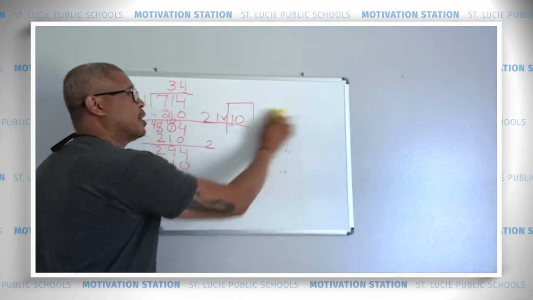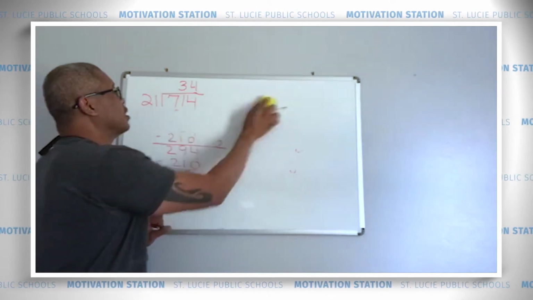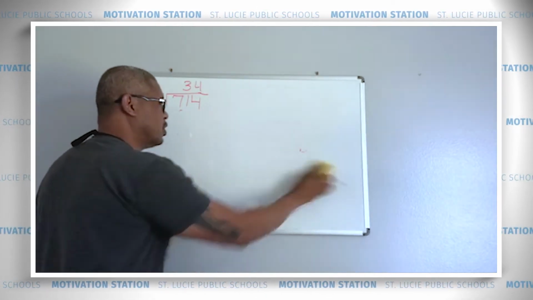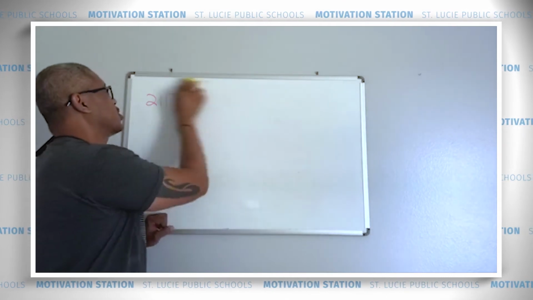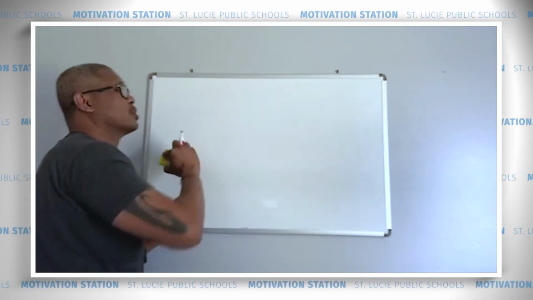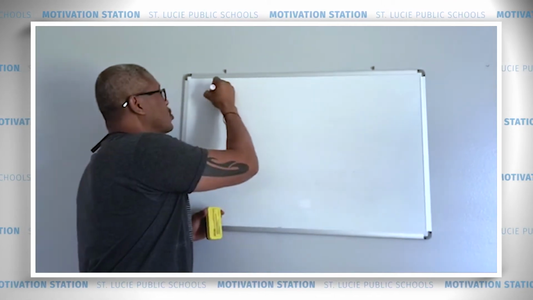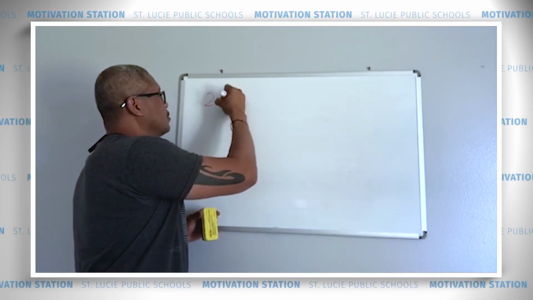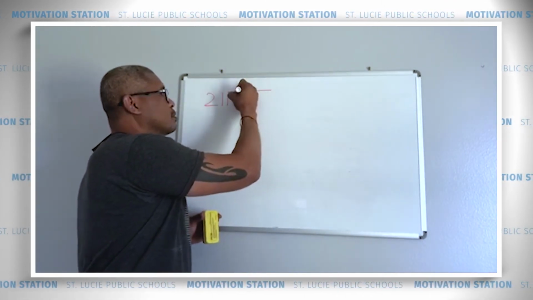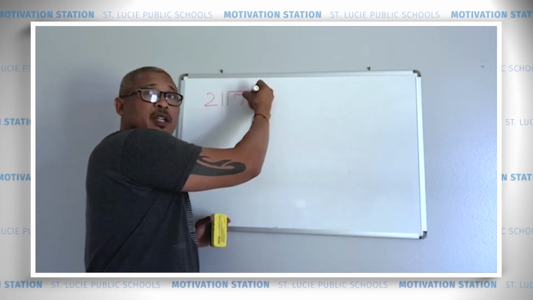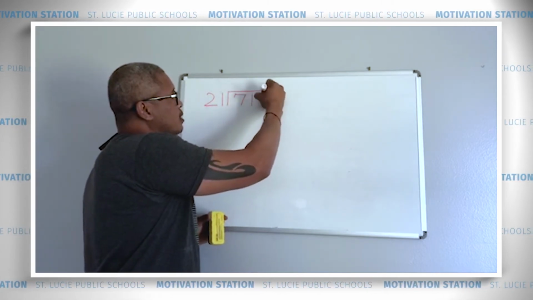But what happens when you use a number that's too large? Rewriting the problem, 714.